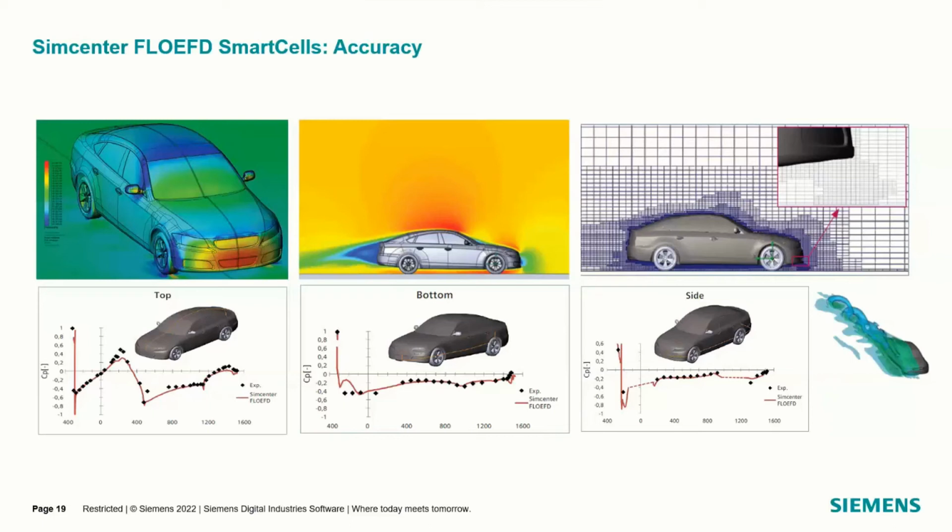But as I say, we have similar case studies from various industries, and then classical validation examples from fluid mechanics, flow over a cylinder, flow over airfoils. Those validation examples come with the installation of FlowEFD. Some more applied case studies like this are available on our Siemens website if you would like to pursue those.